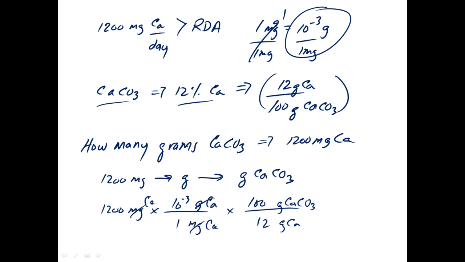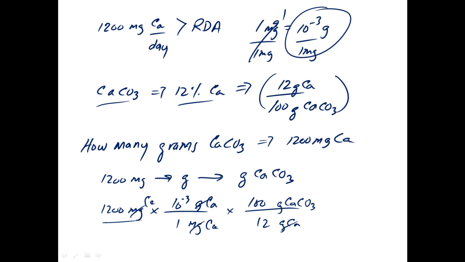So what's going to happen here is the grams of calcium are going to cancel out, and we're going to be left with grams of calcium carbonate. So when we calculate this out, we'll now know how much calcium carbonate we have to ingest, knowing that it's 12% by weight calcium, to get our daily allowance of 1,200 milligrams.